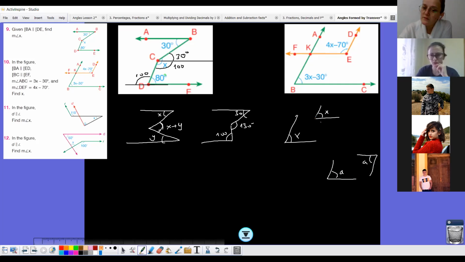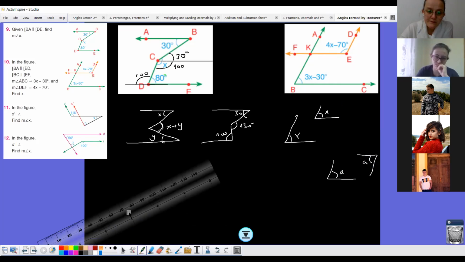It's not both of them. We can continue the line KE, on top of KE. Wait a bit, I cannot take my ruler.